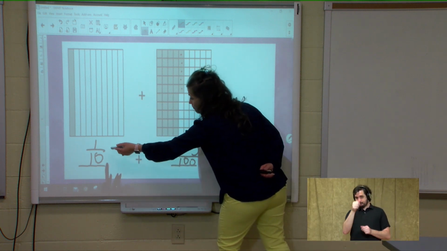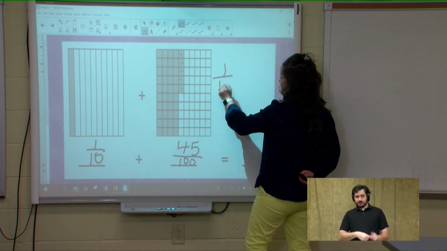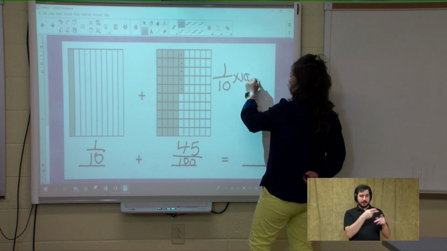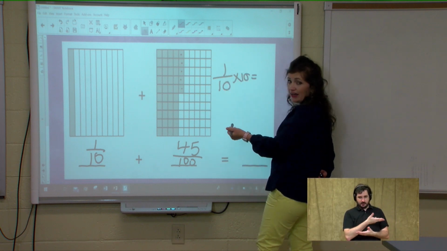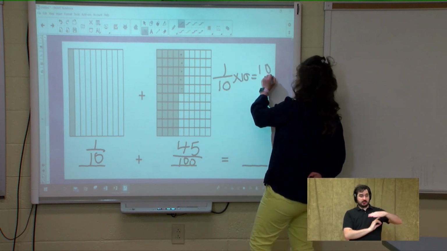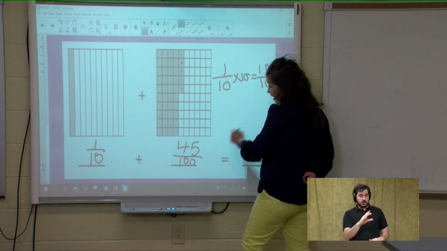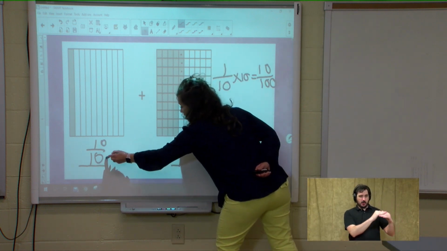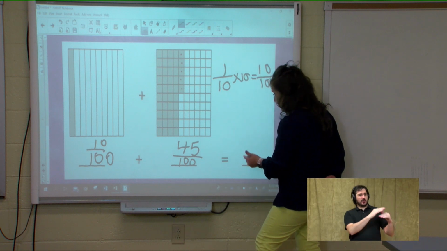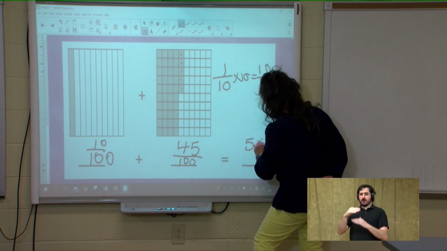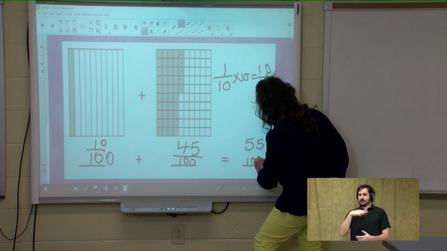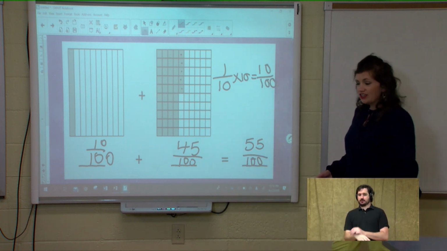And remember, we can multiply our 1/10 by 10, because we have to convert that to have a denominator of 100, and that would give us 10 hundredths. So what's 10 hundredths plus 45 hundredths? 55 hundredths. Very good, guys.